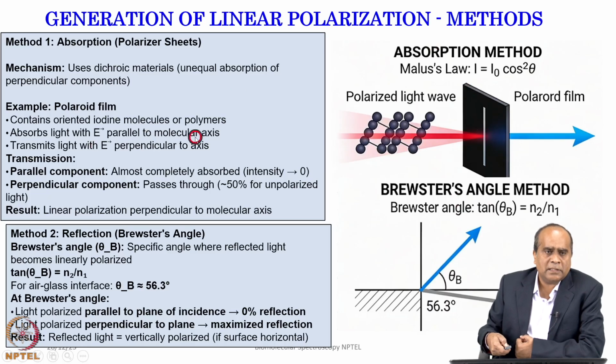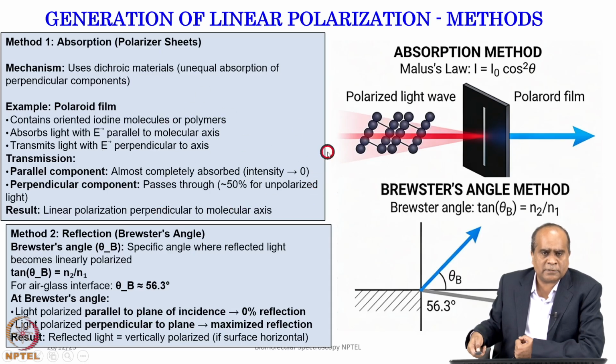The material contains, say, iodine molecules or a polymer. What happens is absorbed light has the E vector parallel to the molecular axis, and transmitted light is perpendicular to the axis. So, in transmission, the parallel component almost goes to 0, and the perpendicular component passes through it, 50% of the unpolarized light passes through.